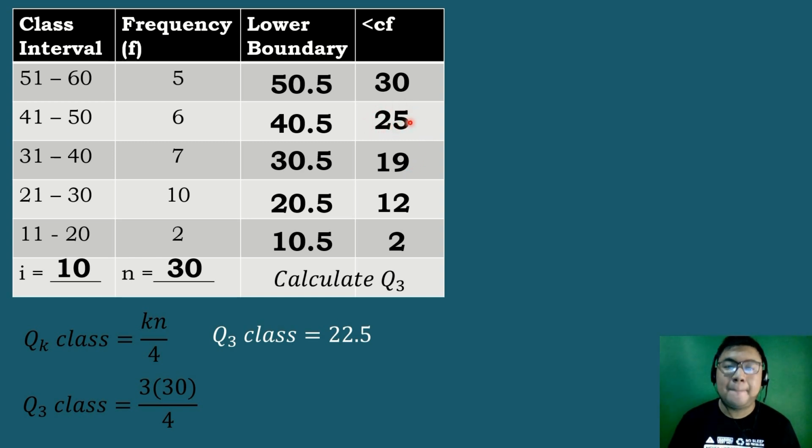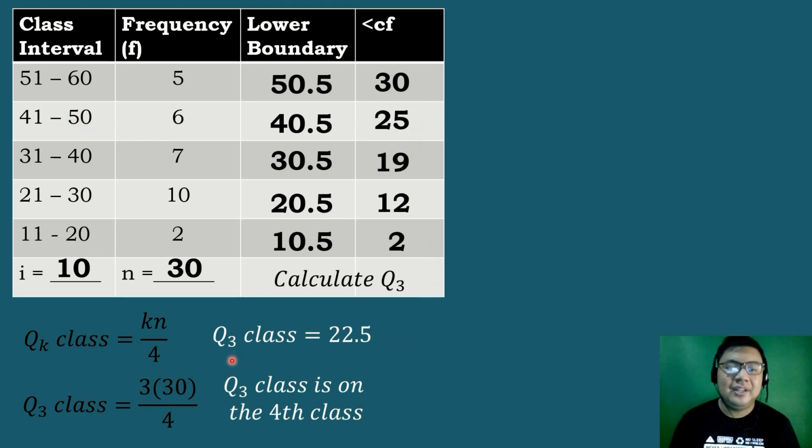And 25 is the number which is greater than 22.5, so this will be the quartile 3 class. This is the first class, the second class, the third class, the fourth class. Therefore, the quartile 3 class is on the fourth class.